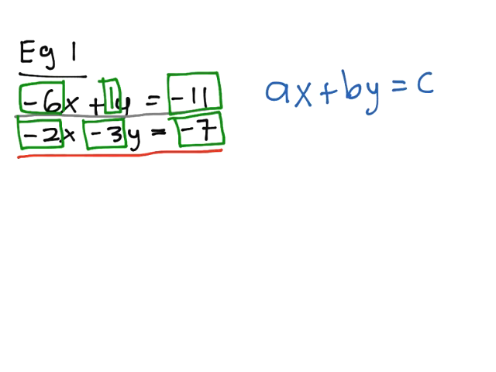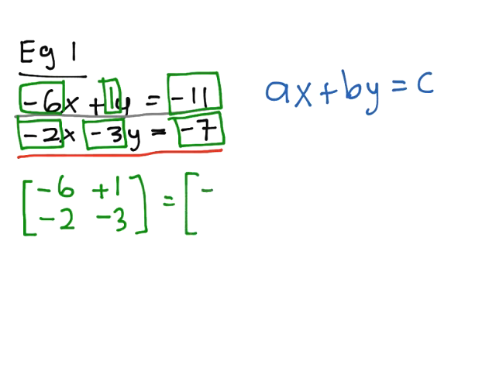So in matrix form, we will have negative 6, positive 1, negative 2, negative 3, and here negative 11 with negative 7. Okay, so that's the second step, putting the system of equations into matrix form.